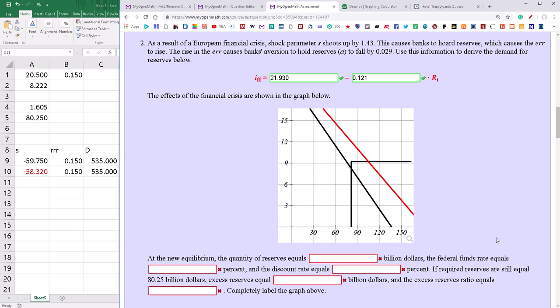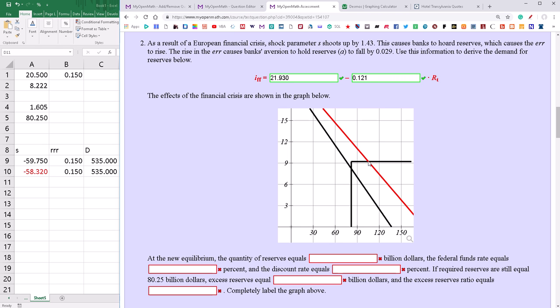Now notice what happens here. The demand curve intersected the vertical section of the supply curve, which means the total reserves in equilibrium are just whatever reserves are equal to, right? But look what happens in this situation. This financial crisis has caused demand to shift and rotate out to a point where it intersects the vertical section.